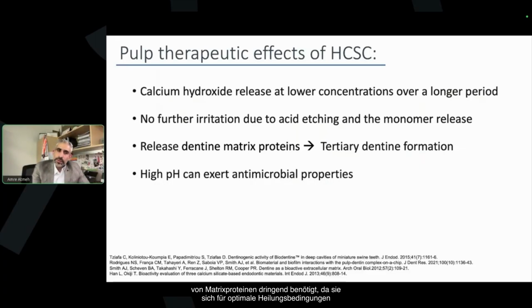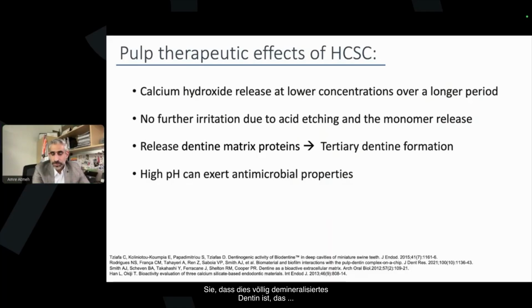Secondly, it's not imposing any further irritation, unlike the acid associated with the glass ionomer. Glass ionomer is acidic, so that comes with more irritation to the pulp. Thirdly, it releases dentine matrix proteins, which play a very essential role in the tertiary dentine formation and response.